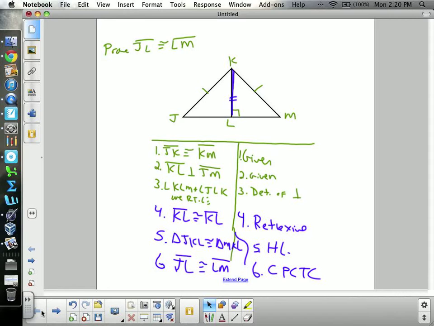Side angle side, HL, side, hypotenuse leg, angle side angle. You need to know the 5 ways of proving triangles congruent, absolutely. Not like list the 5 ways, but more likely just be able to use them in a proof.